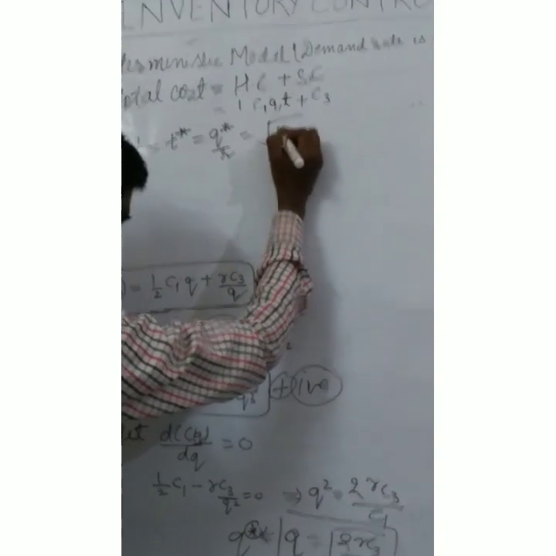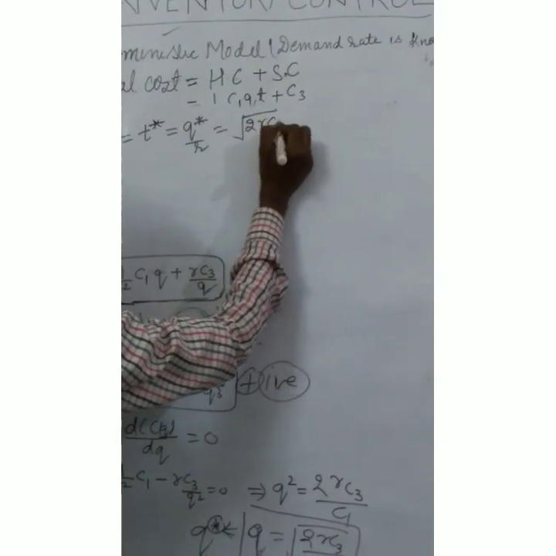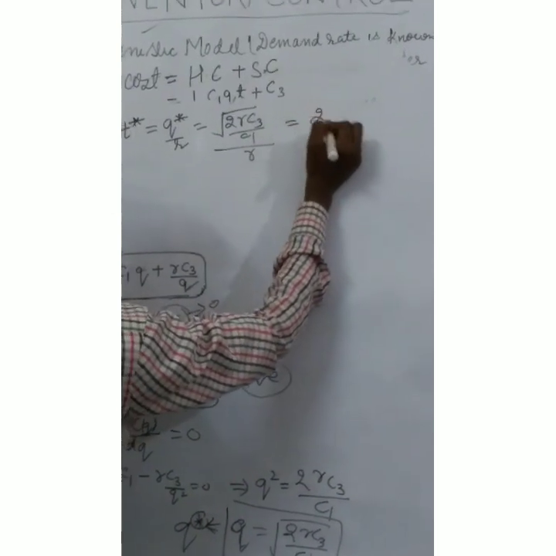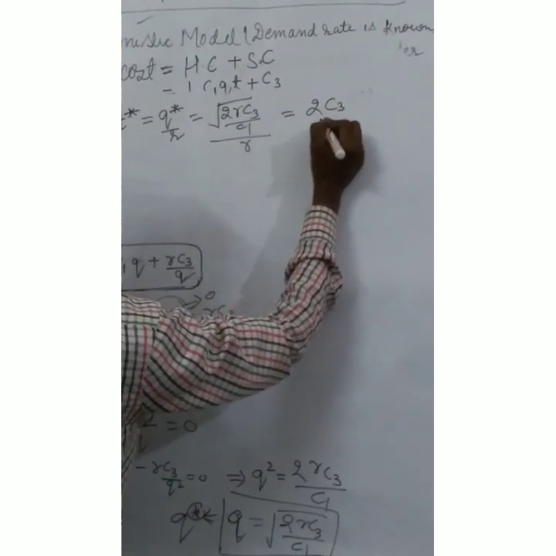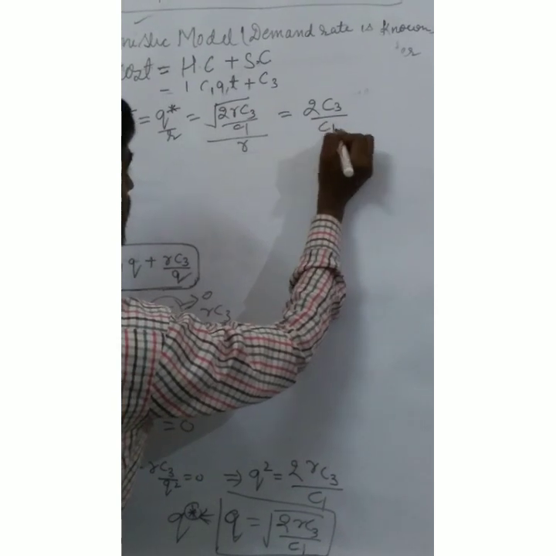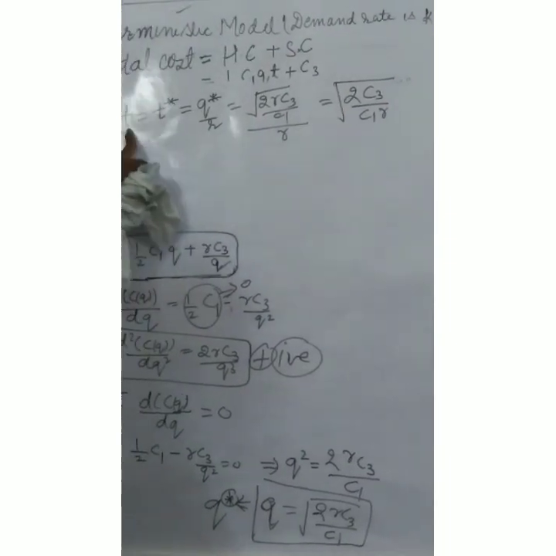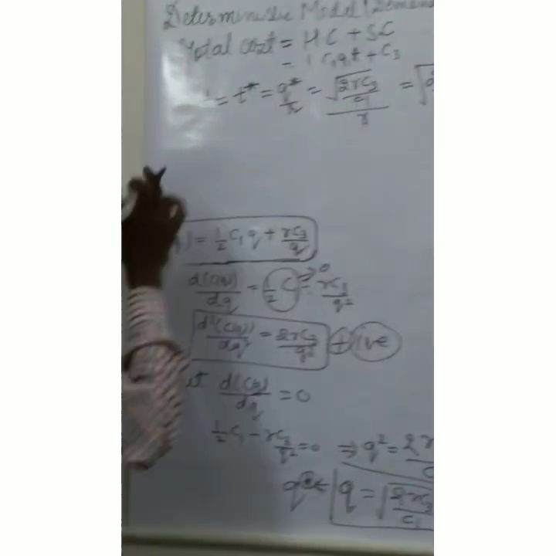Root over 2RC3 upon C1 divided by R. So we get root over 2C3 upon C1R. This is the optimum time.